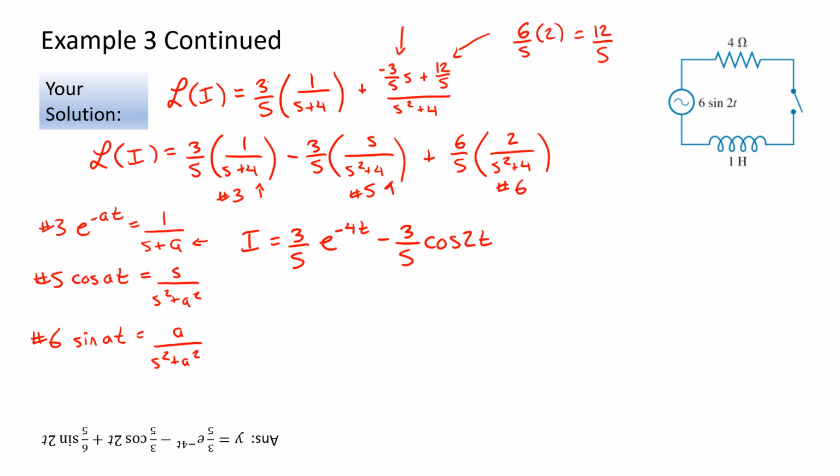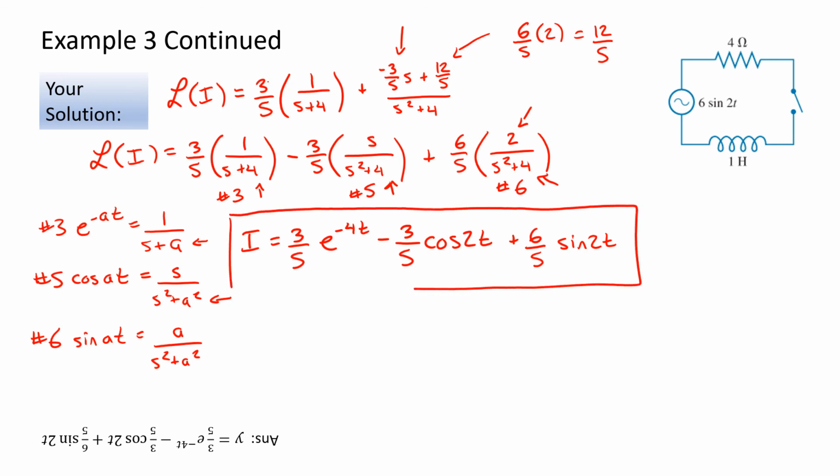Because in the denominator, we have 4, which is 2 squared, because following the cosine transform, it's squared. Plus our last one, which is 6 divided by 5, times the sine of 2t. Okay? Remembering that a is 2, because that's in the numerator, and in the denominator, 2 squared is 4. Okay? So this becomes our final solution. Okay, so that is our function for current. All right?